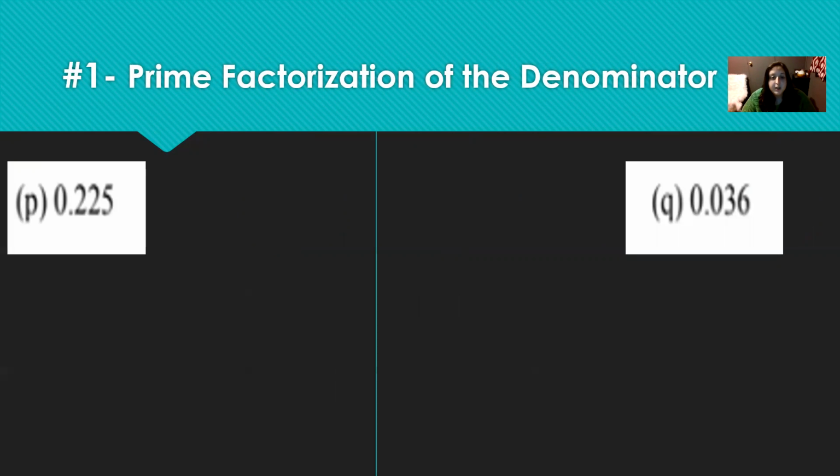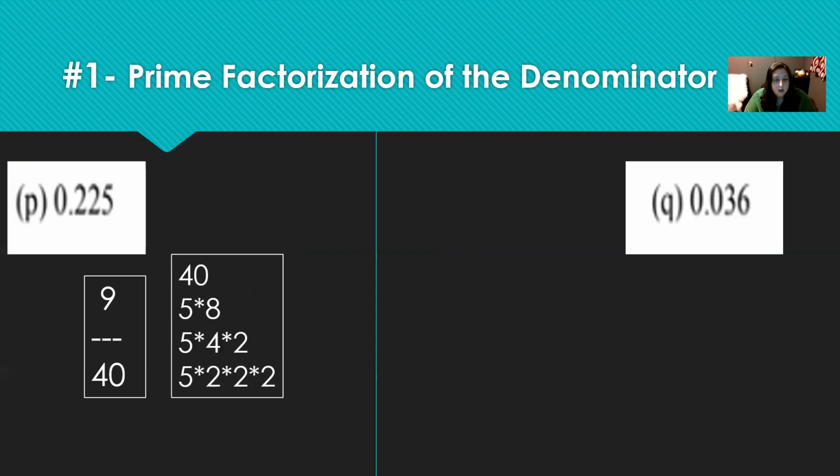So now we're going to talk about the prime factorization of the denominator. In 0.225, we came up with the fraction of 9 over 40. So we're going to take this denominator of 40, and we're going to break it down all the way into prime numbers. So we're going to start with 5 times 8, and bring down the 5 because it's already prime.